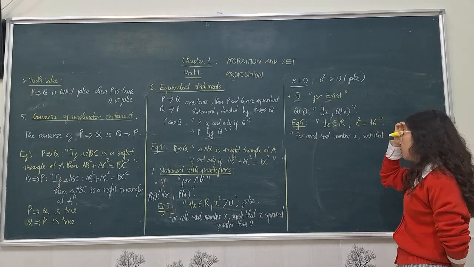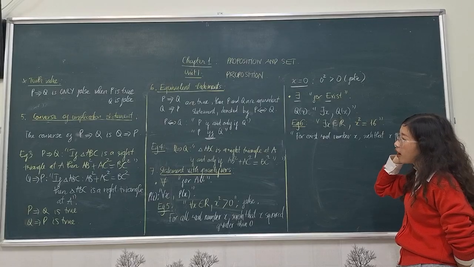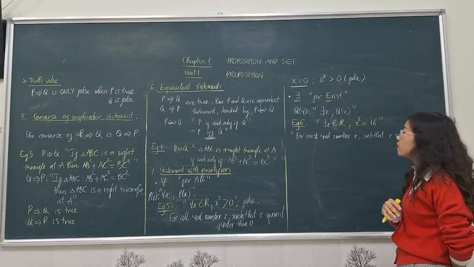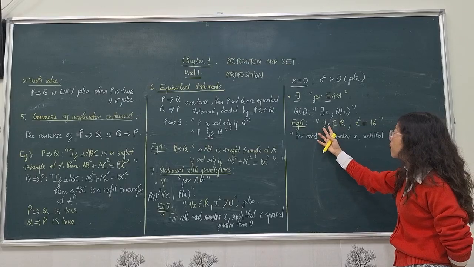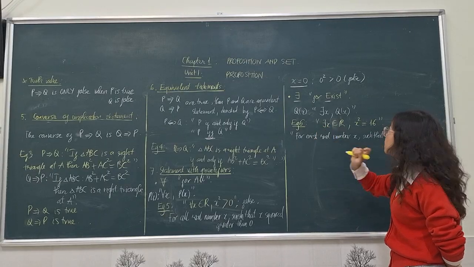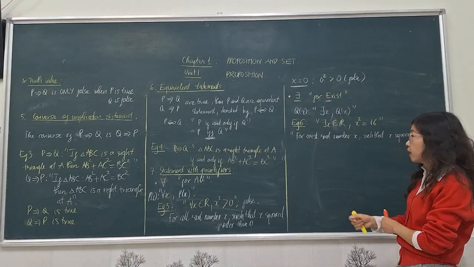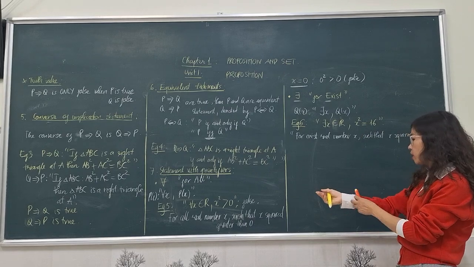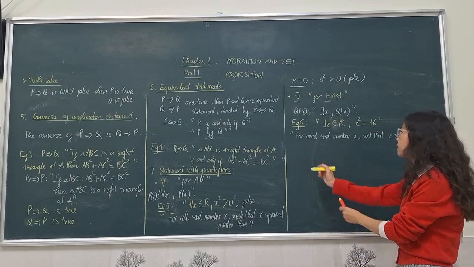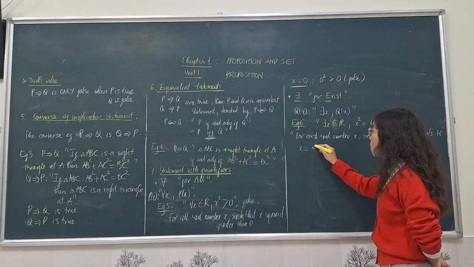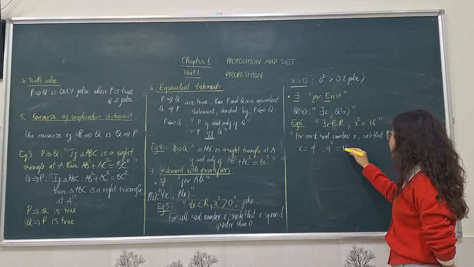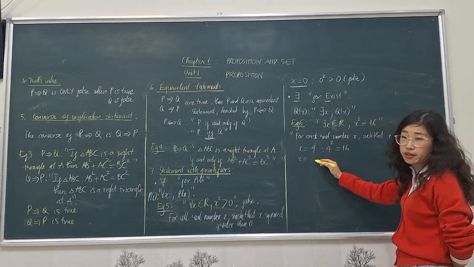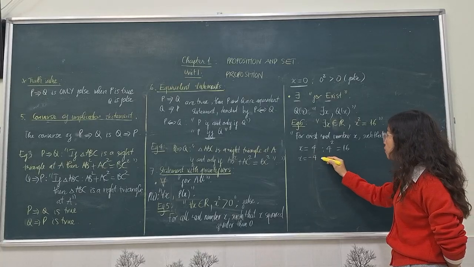To determine the truth value of this statement, we can see it has the quantifier "exists." That means we just want a value that satisfies this equation. So we have x equals 4, and 4 squared equals 16. Or you can find another value, negative 4.